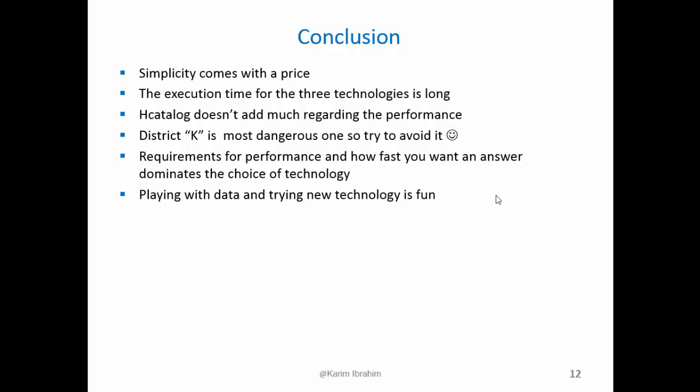District K is the most dangerous one, so try to avoid it. The last thing I wanna highlight is that the performance requirement determines the choice of technology. If you wanna get fast answers, you basically go for Spark, for example. It was fun.